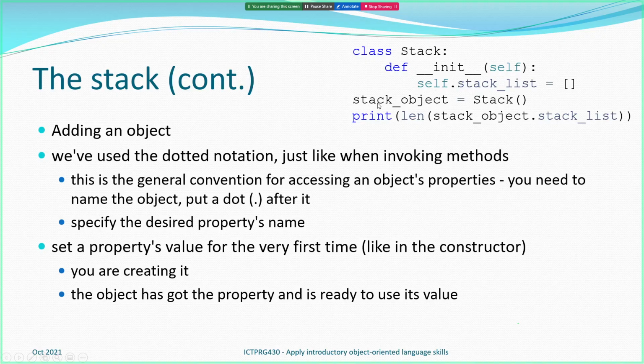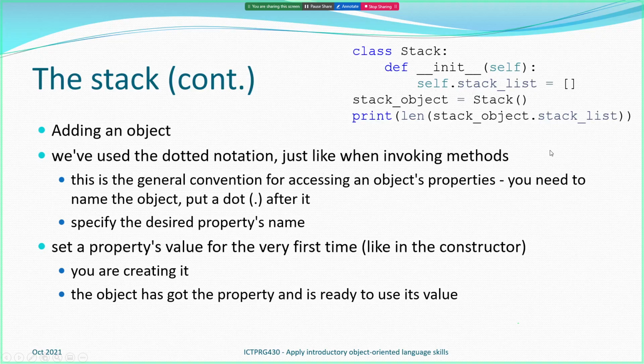So when we create this object and tell it which class it's going to be a member of, we've then performed a function calling on getting the length, and what's the length of the list we want to extract from. So it's stack object and then the specific list after the dot.